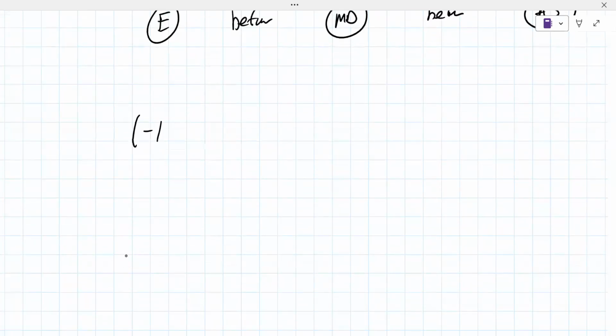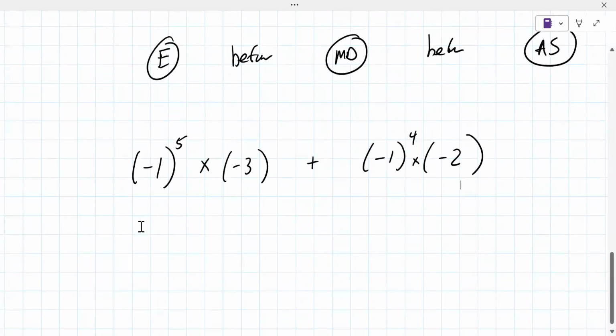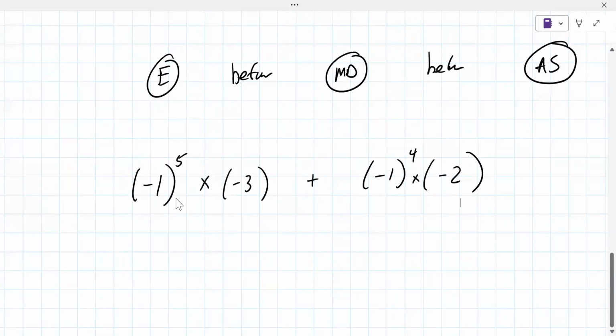So let's say you have negative 1 to the 5th times negative 3 plus negative 1 to the 4th times negative 2. Tell me what you're going to do first when you attempt to simplify this. Do the exponents first. Okay, then you multiply, then you add. Go ahead and see if you can work that out, please.